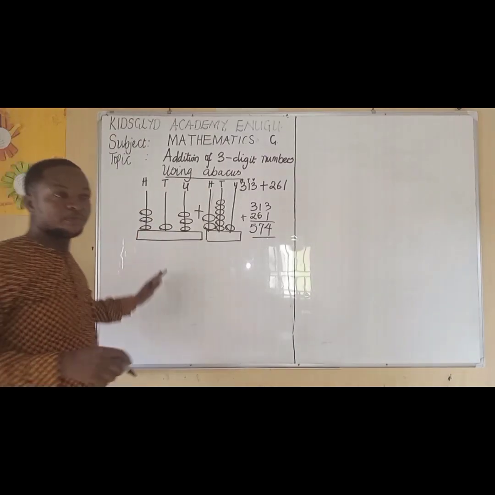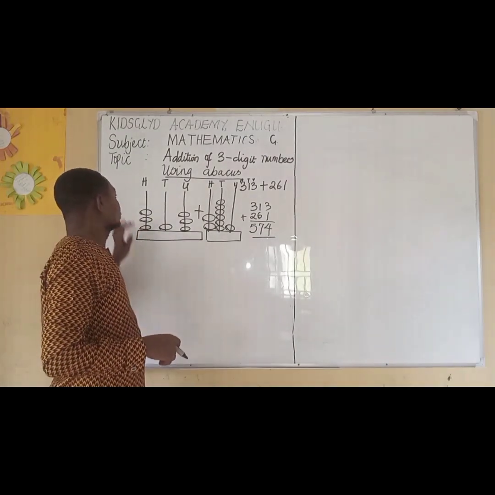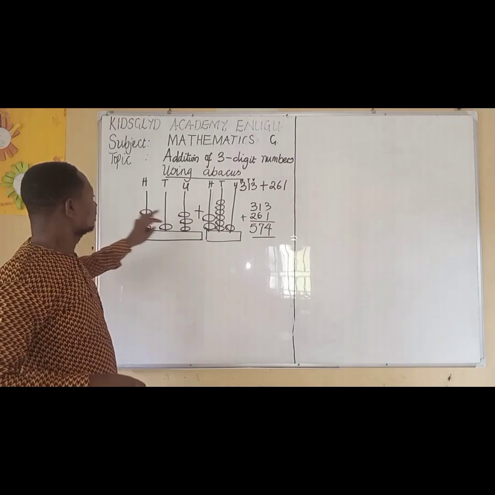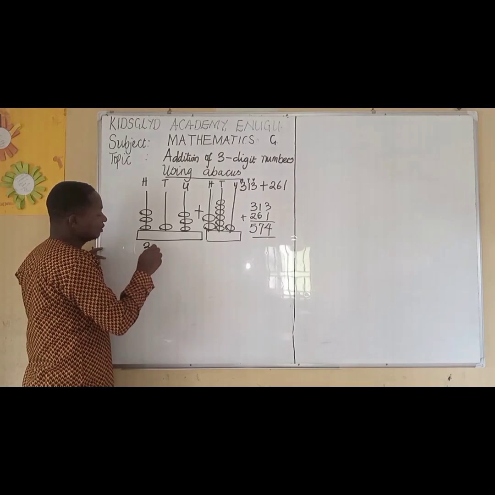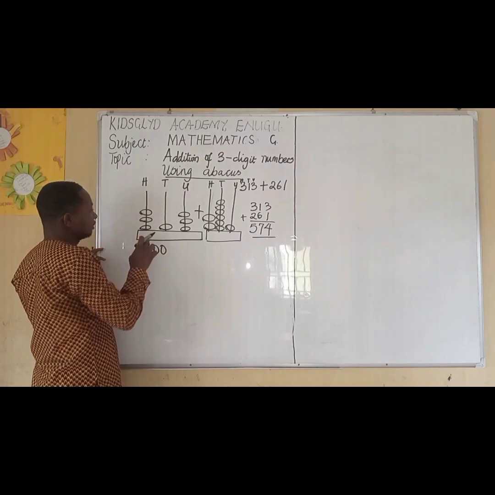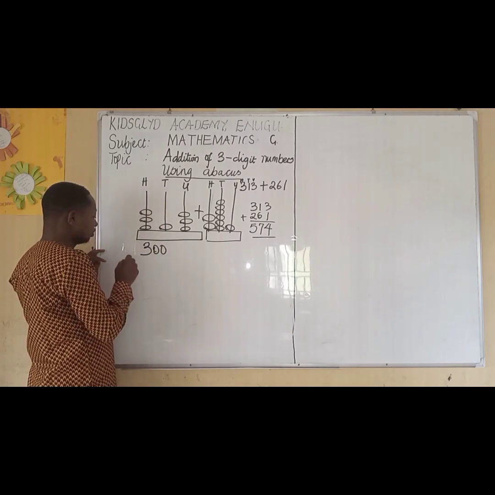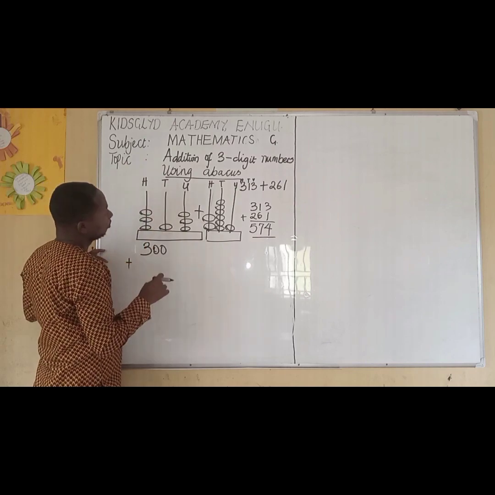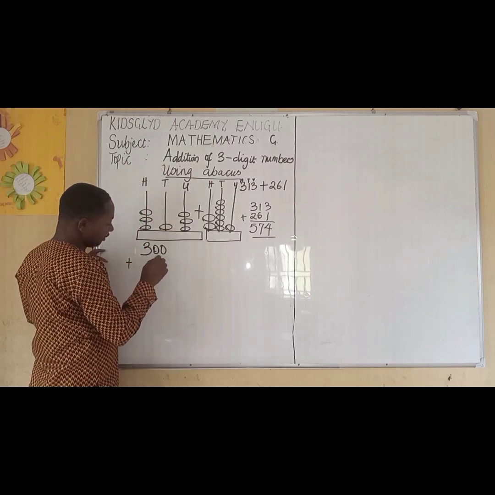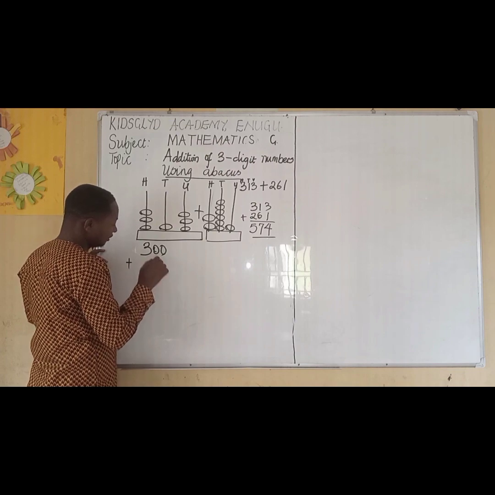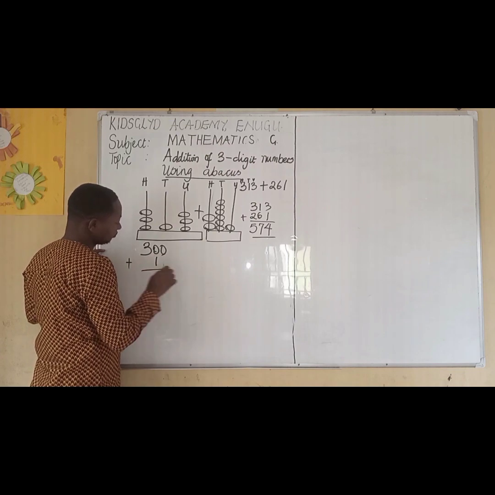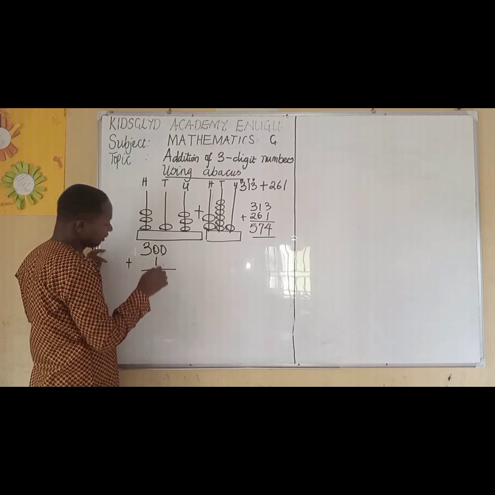Yes, this is our counting machine. So if you count it, you see that 3, 1, 3. If you want to write it in expanded form, we have 300 plus 1 ten and 3 units.